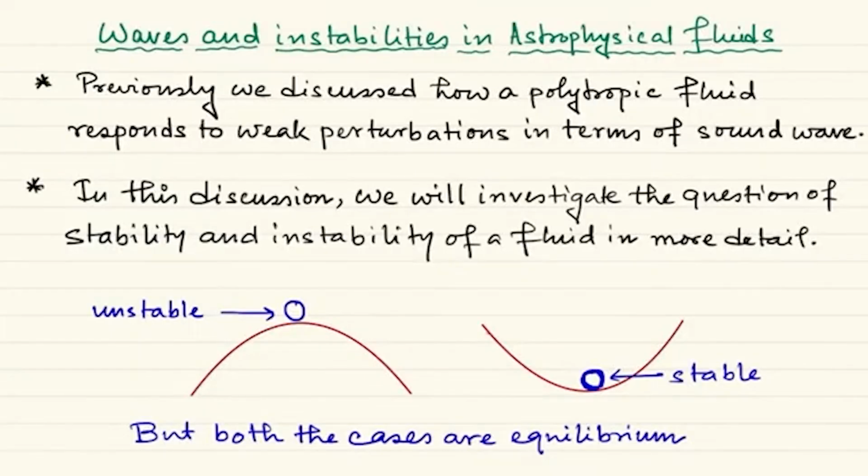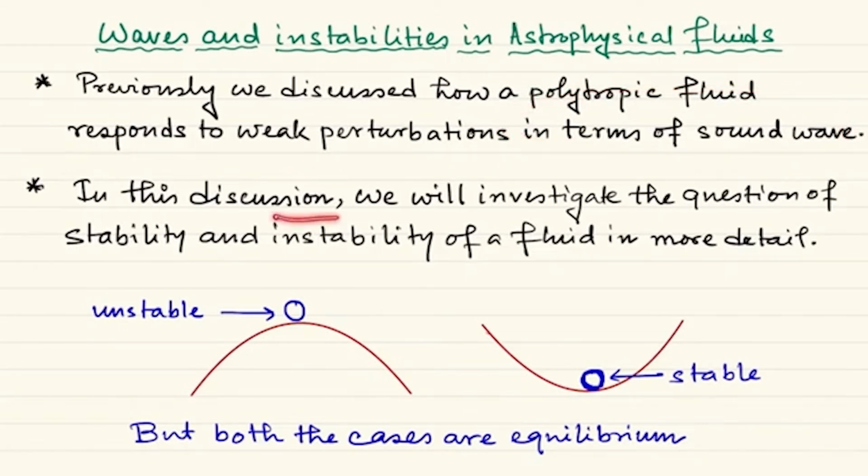But before even discussing convective instability, I would like to make a formal introduction to waves and instability in the case of a fluid. If you recall our previous discussion, a polytropic fluid generally responds to a very weak perturbation, which we call a first order perturbation, in terms of a sound wave or acoustic mode.